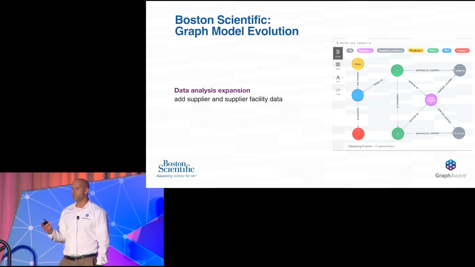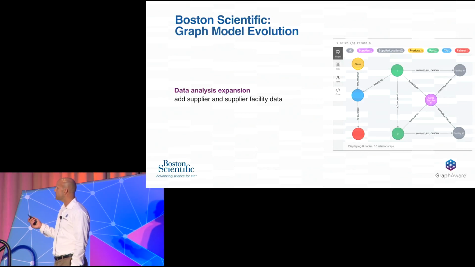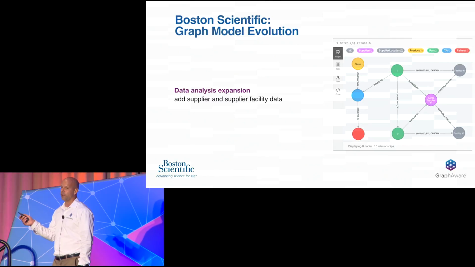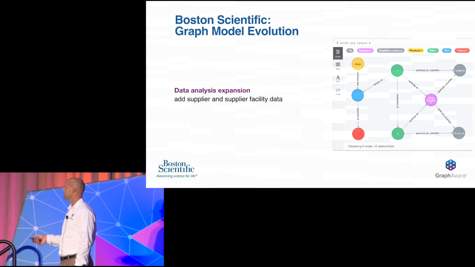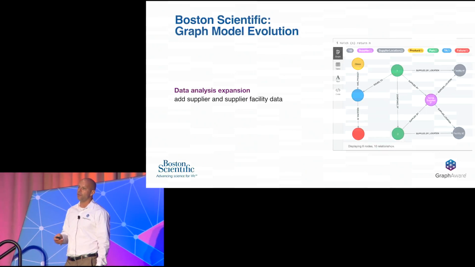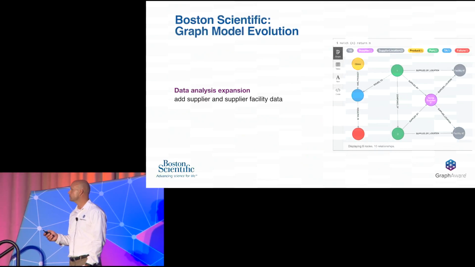This could be the key breakthrough in their analysis to understand that perhaps there were conditions at facility 1 that led directly to the cause and the failure of this individual top assembly. That could be the key root cause that adds the business value, and without that data, they otherwise would never have reached that conclusion.